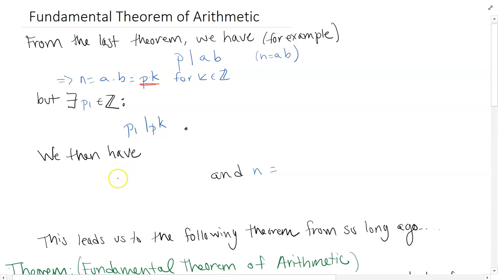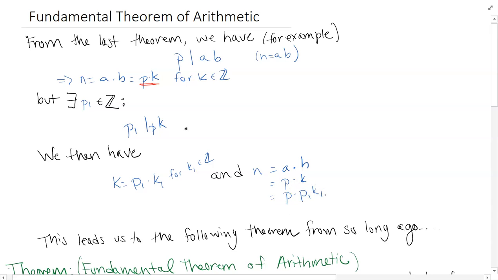So then we can say that K is P1 times K1 for K1 an integer. And then when we think about our number n overall, this is going to be a times b, but we can also say that's p times k, and now we can factor that further as p times p1 times k1.